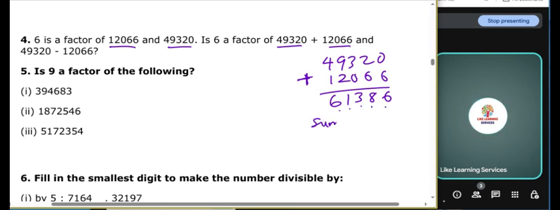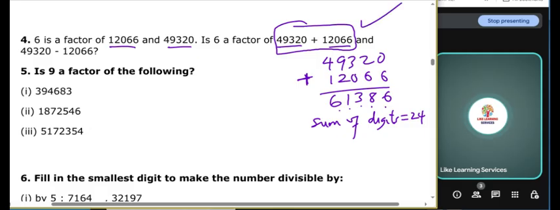The sum of digits is 24, and 24 is divisible by 3. And of course, 61386 is also divisible by 2. So this is divisible by 6.